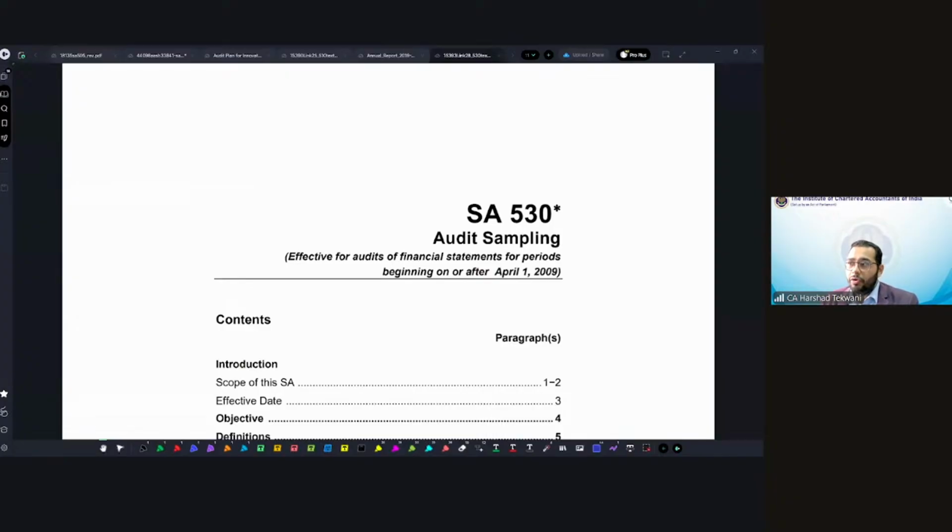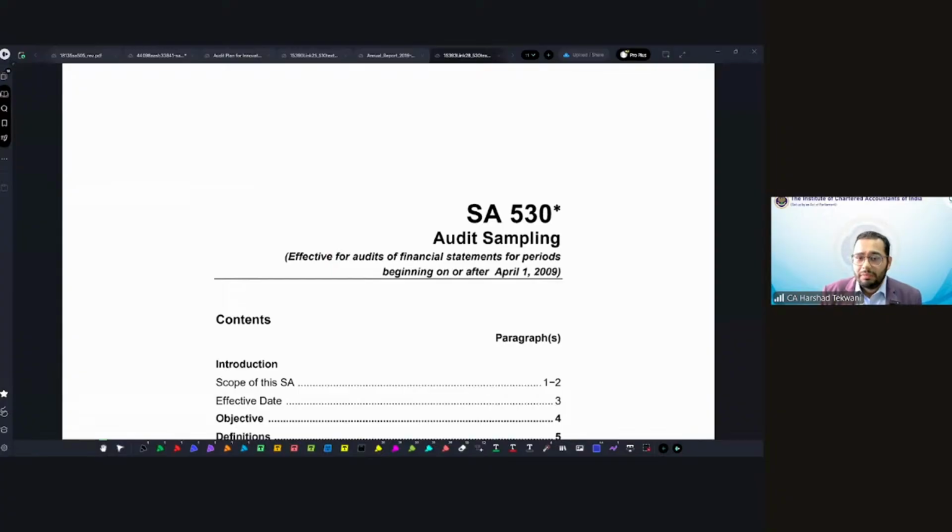So when I talk about the term sampling, audit sampling, this is basically application of the audit procedures to a particular item within the entire population. When I select a sample from the entire population, I need to make sure they are from the same homogeneous population.